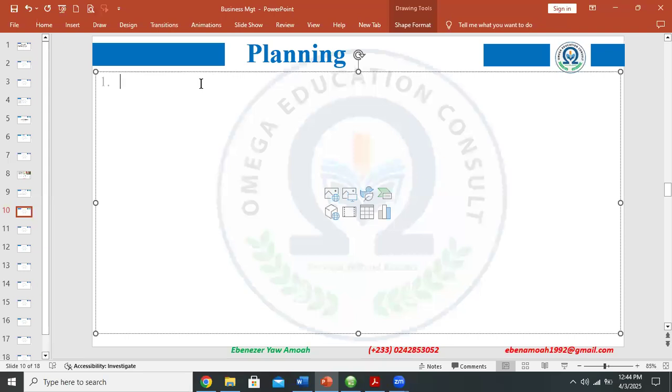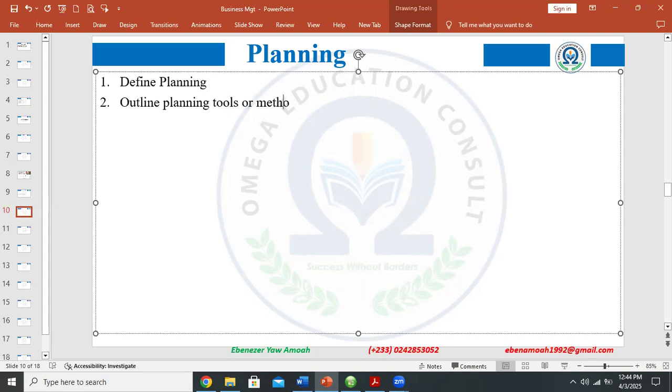So planning. What are we supposed to know under planning? Of course, we should be able to define planning. We should be able to also outline some planning tools or methods. Then most importantly, we should also be able to outline the steps in the planning process.